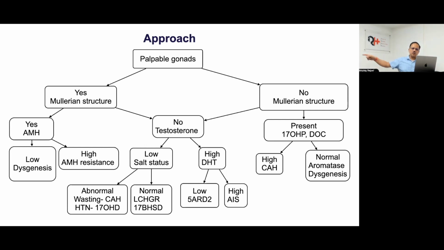In high levels, do a DHT level to classify 5-alpha reductase versus AIS. If testosterone is low, look at salt status to identify combined adrenotesticular defects like 3-beta-HSD, side chain cleavage, StAR, and 17-hydroxylase in another form, or isolated defects like LHCG receptor or 17-beta-HSD.